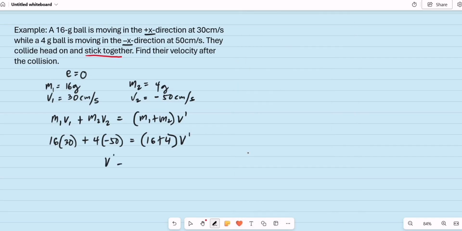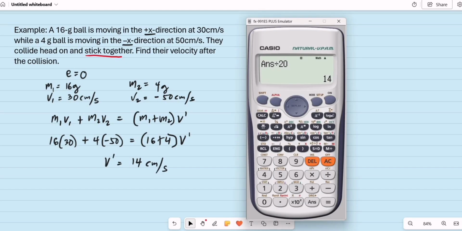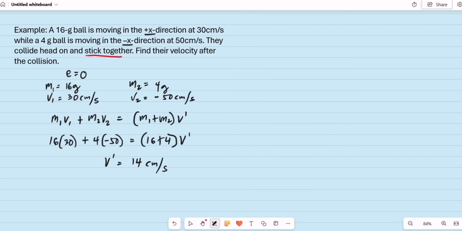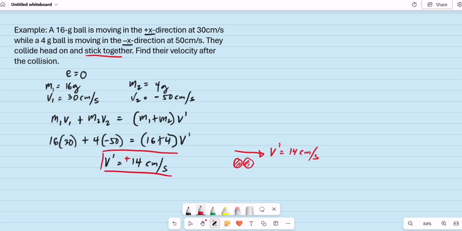Our v prime is equal to 14 centimeters per second. Since we arrive with a positive value, this means that after collision, the two objects stick together and move to the right with their common velocity v prime equal to 14 centimeters per second. So this should be our answer for the first example.